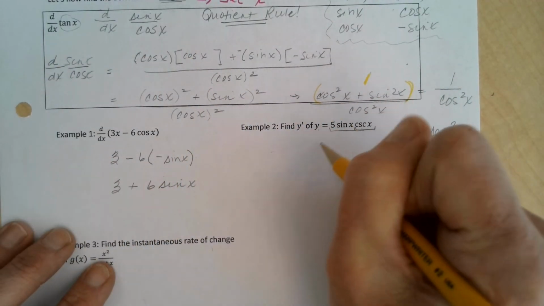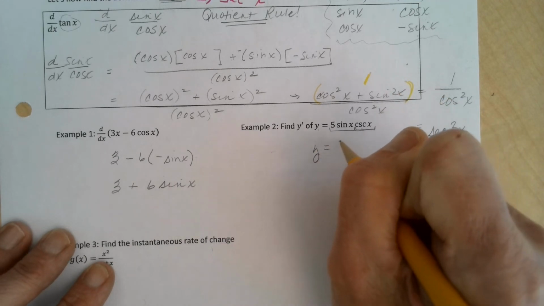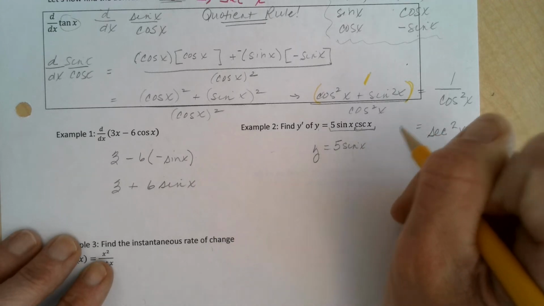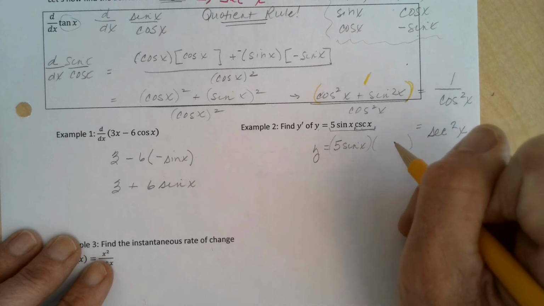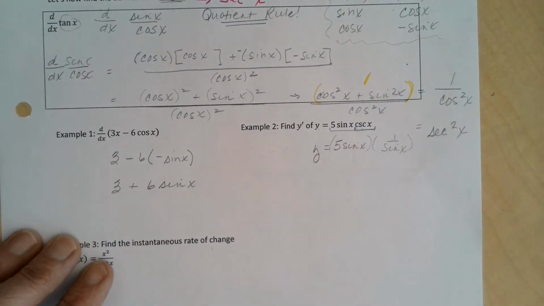You ready? We're going to rewrite this as y is equal to 5 over the sine of x. Cosecant is what? Yeah, I don't like this example at all because now I want to just simplify that.